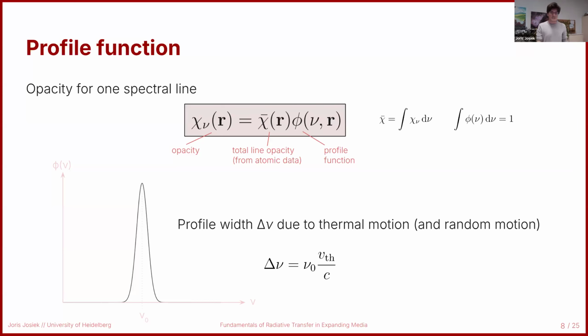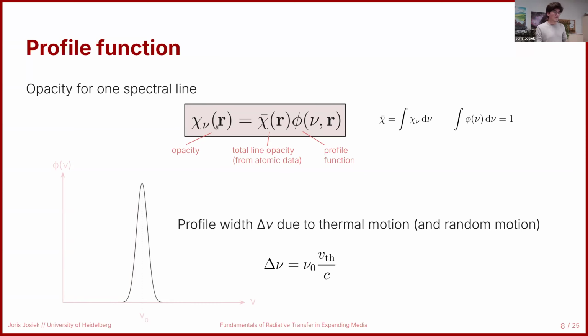Then another central quantity that we'll be using a lot in this talk is the so-called profile function. You have the opacity of a line, and this opacity depends on both frequency and position. At each position and each frequency, there will be a certain absorption coefficient.